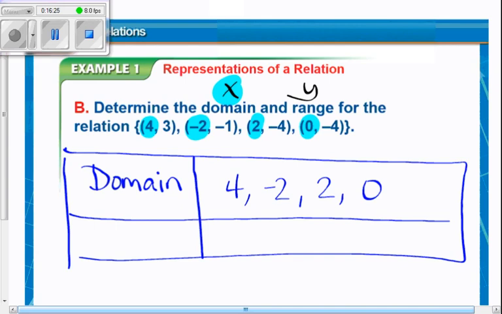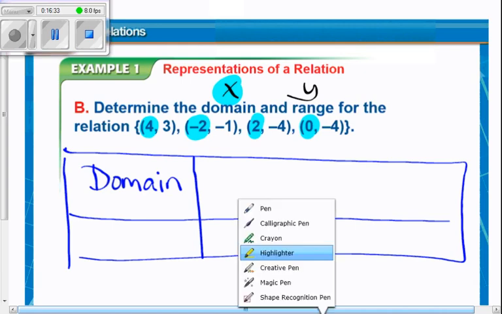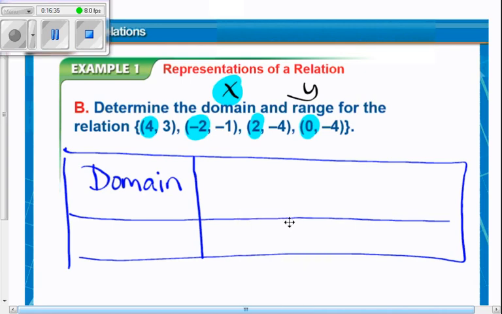If you said that I didn't line them up in order, you're absolutely correct. Let me go ahead and correct that. We're going to put -2, 0, 2, and 4. And then finally, our range is going to be all of the second numbers in each one, right? The 3, the -1, the -4, and the -4.